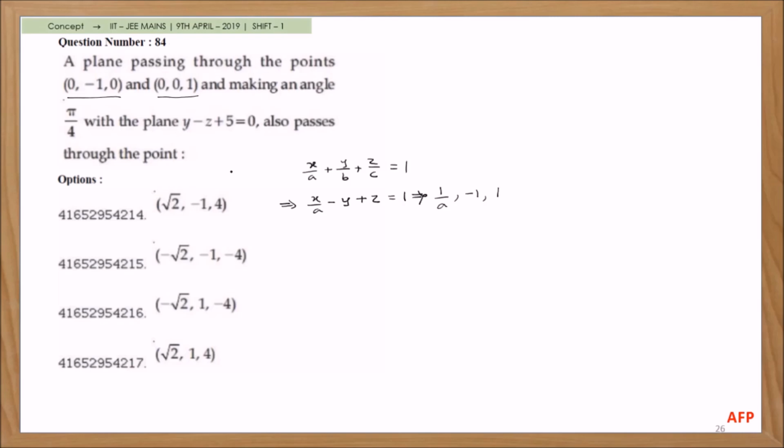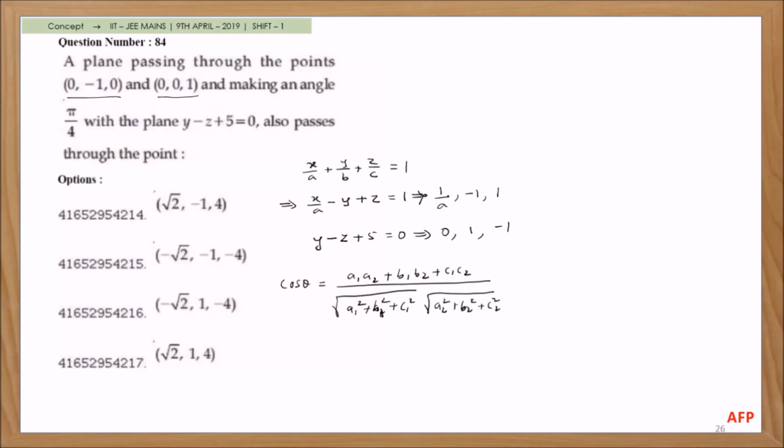One more equation has been given here, y minus z plus 5 is equal to 0. So its direction ratios are 0, 1, minus 1. So now for the angle, cos theta is equal to, this is what we are having. So this is a1 b1 c1.